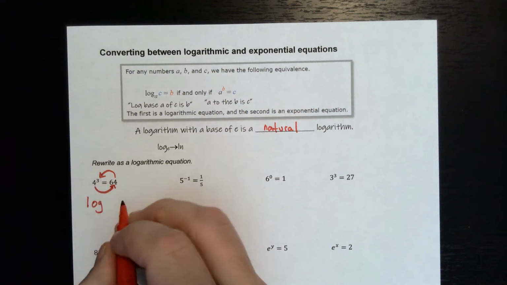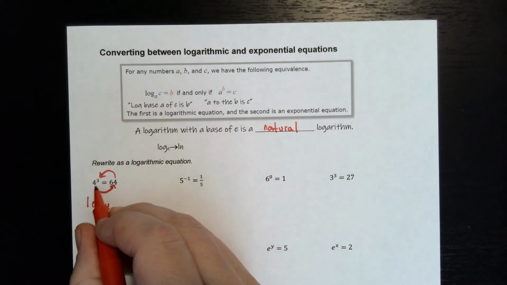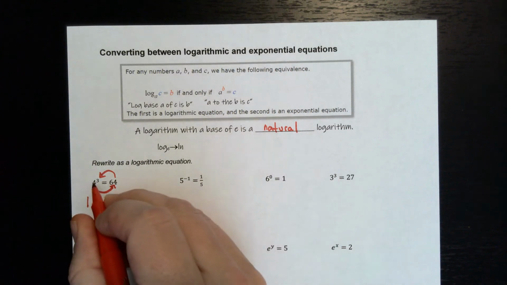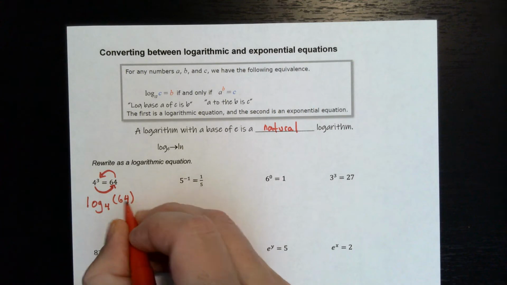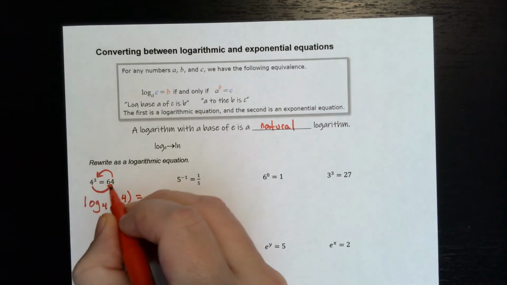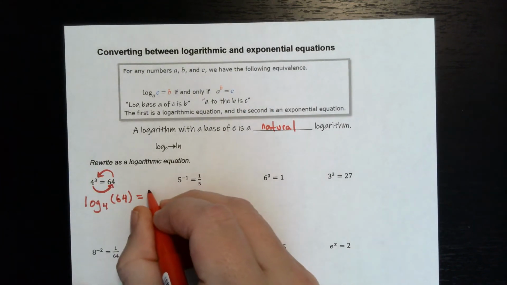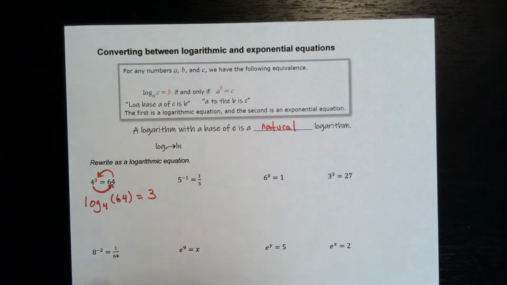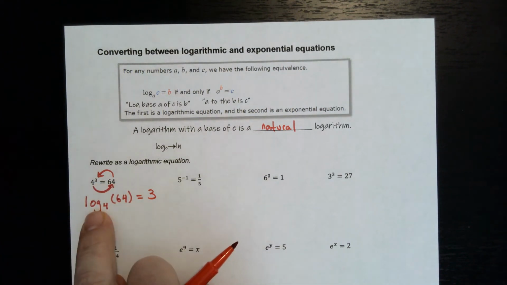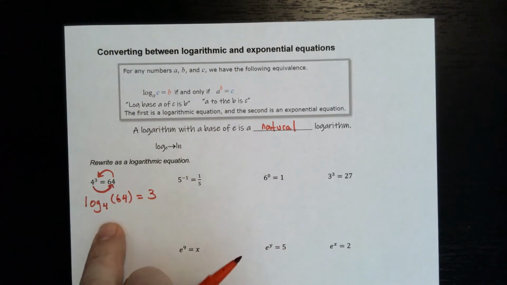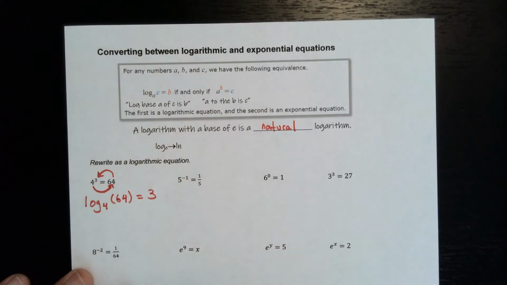So we'll have log base 4, just like the base of our exponential was a 4. And then the 4 goes to the 64, so of 64 is equal to, and then go back to the exponent, 3. That's the same thing as saying 4 to the 3 power is equal to 64. This is an equal relationship, so log base 4 of 64 is equal to 3.